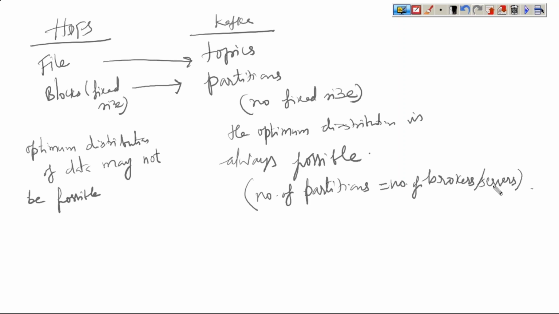This is what you have to remember. Each broker will become a leader. The number of leaders will be equal to the number of partitions. There is no concept of masters or slaves, there is a concept of only leaders. Suppose one broker is down.